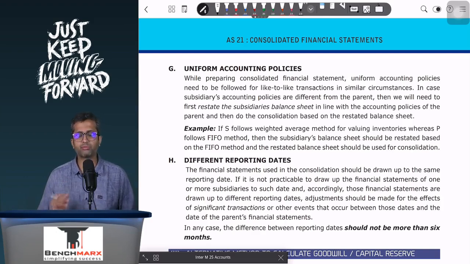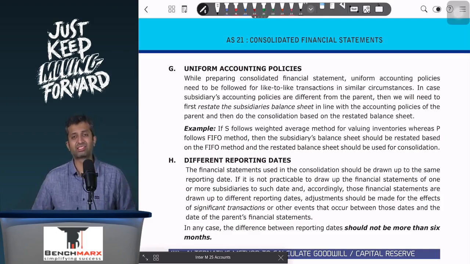Apart from that, one very common adjustment that the Institute likes asking largely independently is the adjustment involving uniform accounting policies. Now, usually parent and subsidiary are two separate legal entities, and hence they can follow different accounting policies. Like parent can follow FIFO for its inventory, whereas subsidiary can follow weighted average, for example, which is absolutely fine in their own individual records.